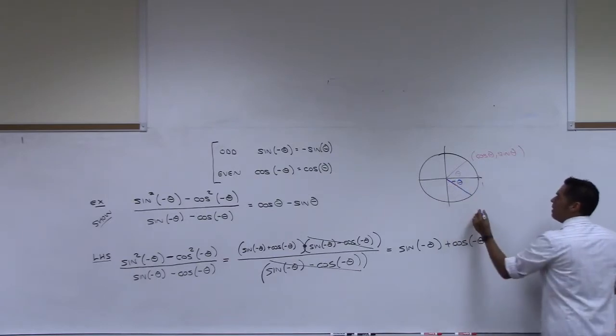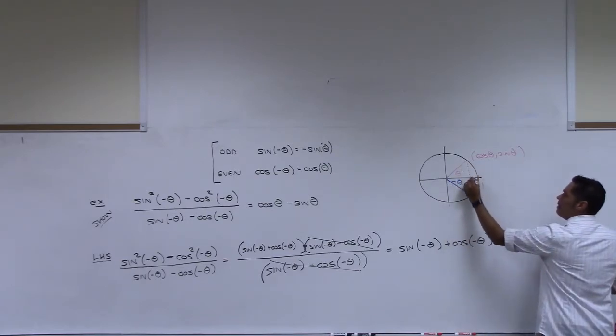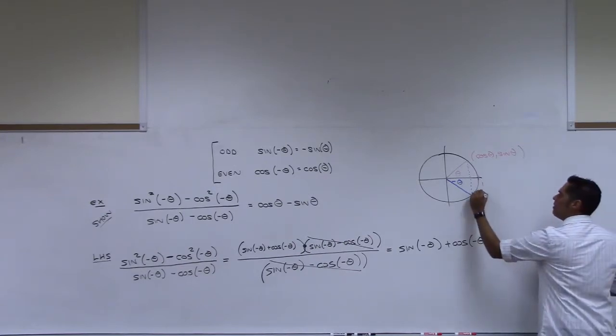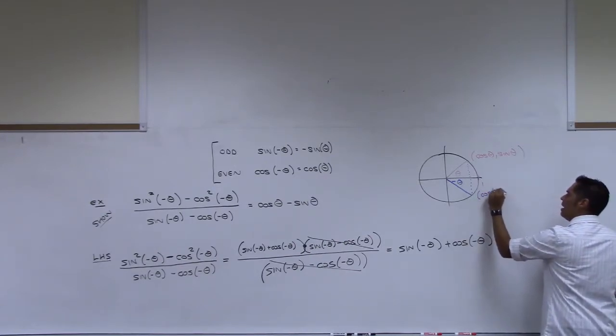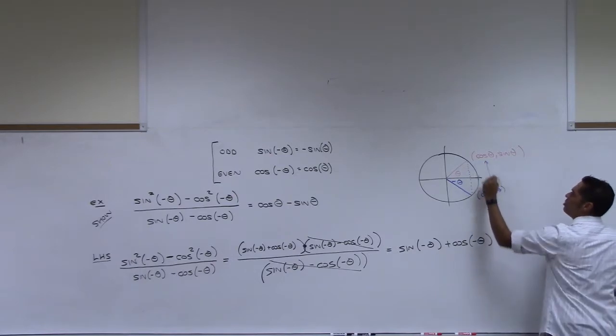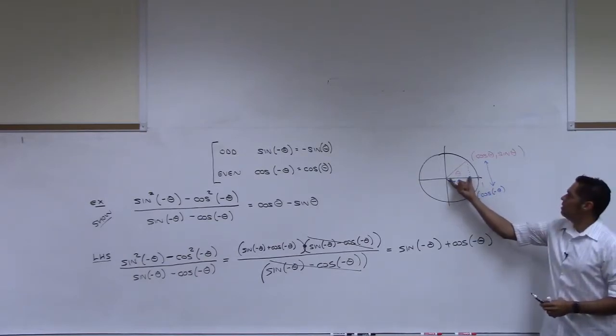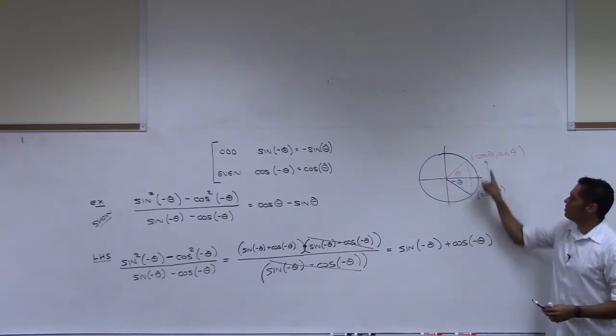And do you agree that they have the same x coordinates? Okay, so do you agree that this is cosine negative theta? These two match each other, regardless of what theta is, right? This distance is equal in both of these scenarios.